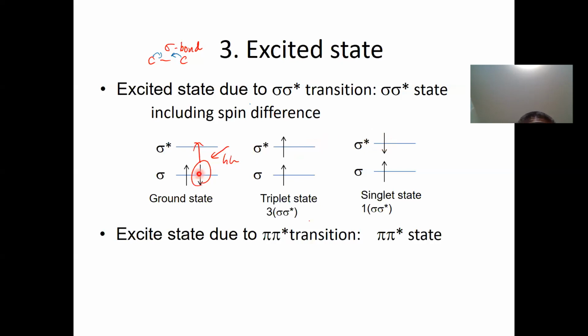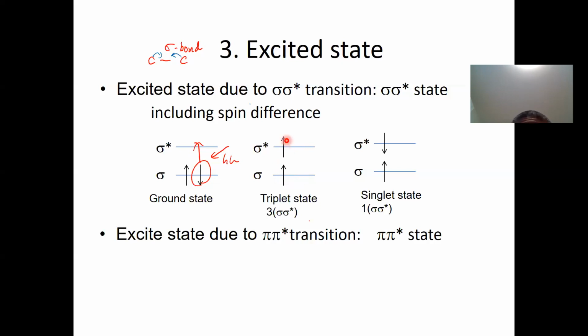When you move this electron to the higher energy level, one way is the up way and the other is the down way, depending on the relation with the electron existing in the bonding orbital.